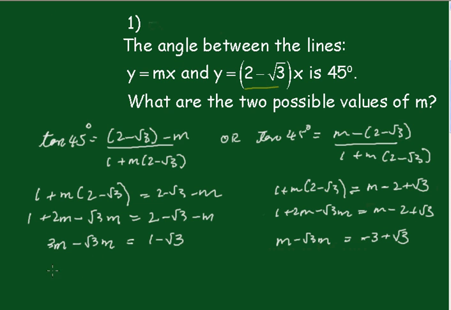Take out m as a common factor. m(3 minus root 3) equals 1 minus root 3. m(1 minus root 3) equals, just keep it the same, minus 3 plus root 3.